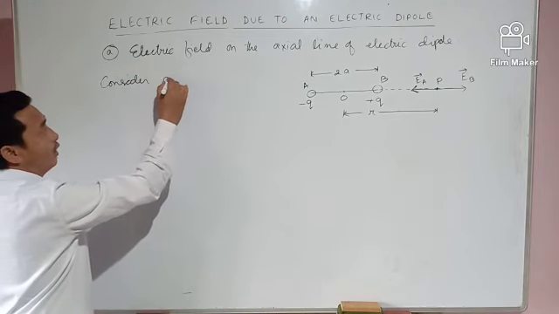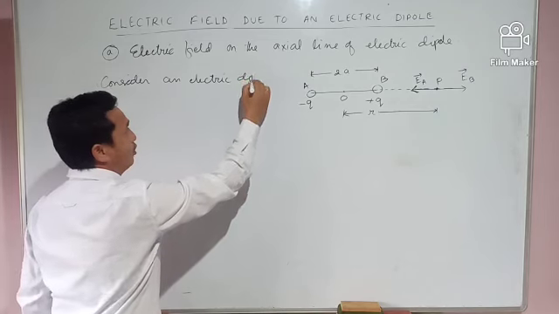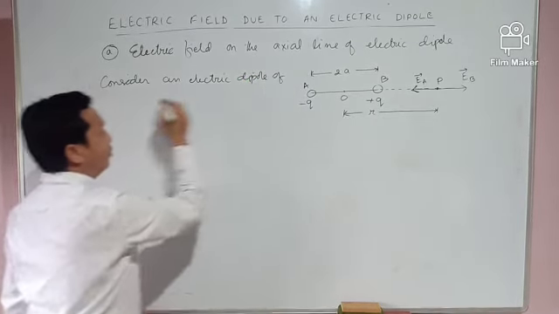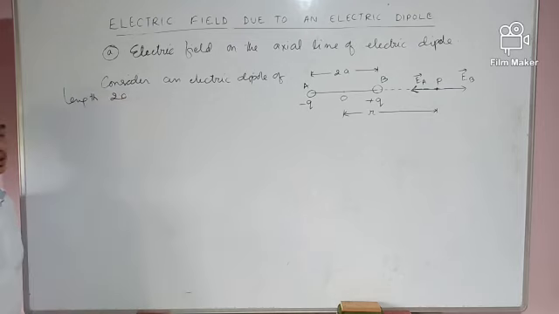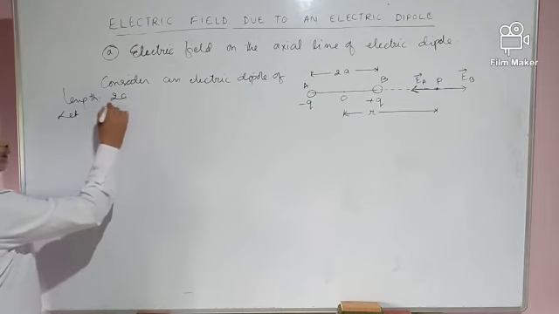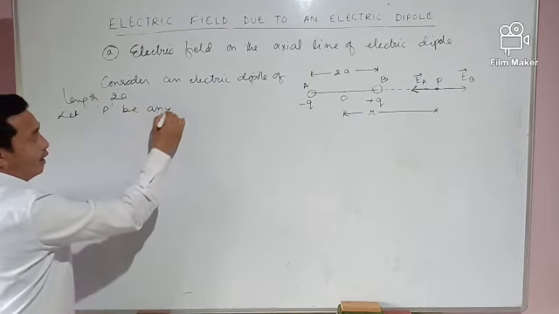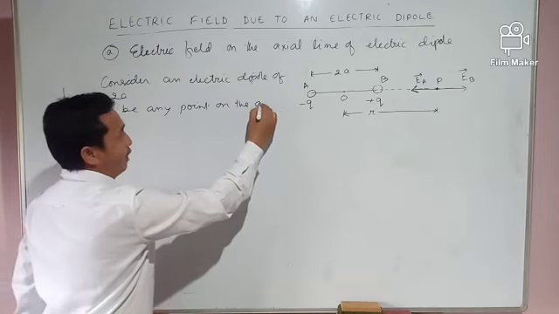So now we will write: consider an electric dipole of length 2a.